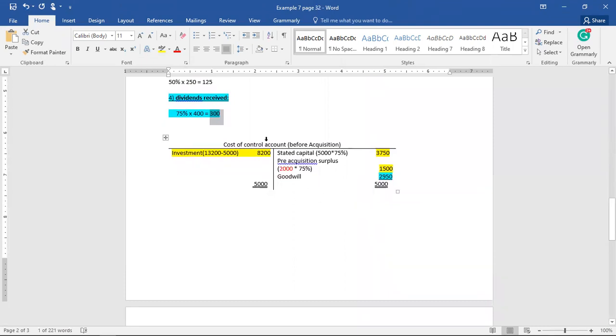Then I proceed to prepare my cost of control account. And in this instance, the total investment made by the parent company is 13,200, which is on the balance sheet. But in acquiring a company, we don't consider the debt portion of the capital structure when we are determining control. We are only looking at the equities. So we are looking at only the preference shares and that of what?